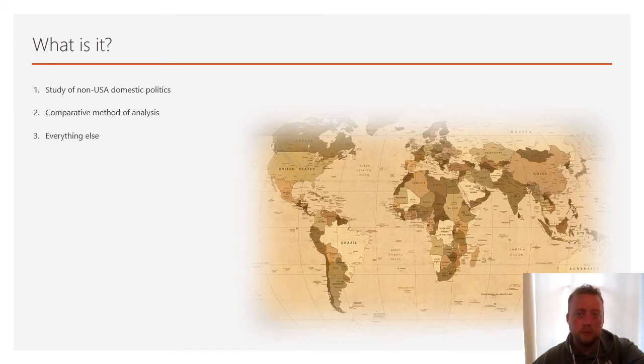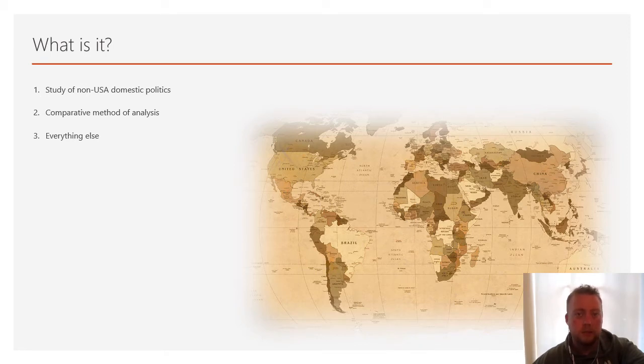Sometimes we see this referred to as the study of foreign domestic politics, but that word foreign is really relative. So, the UK is foreign to us, but the US is foreign to someone from the UK. So assuming an Americentric understanding when we're here in the United States, we say that it's the study of foreign politics.